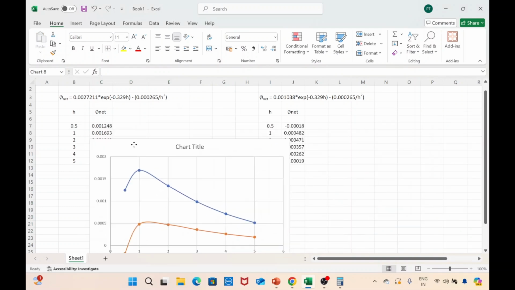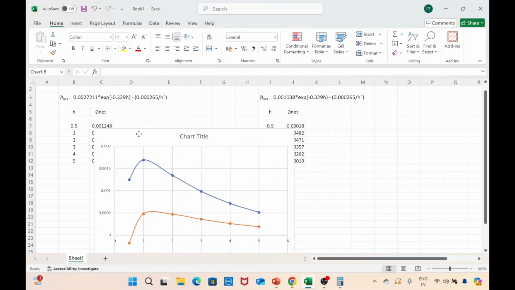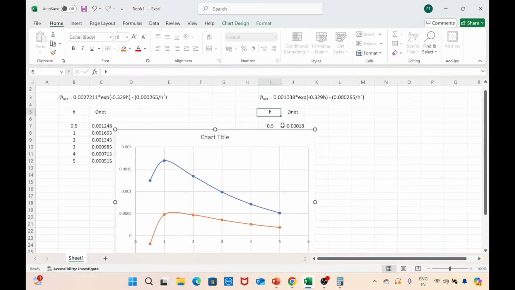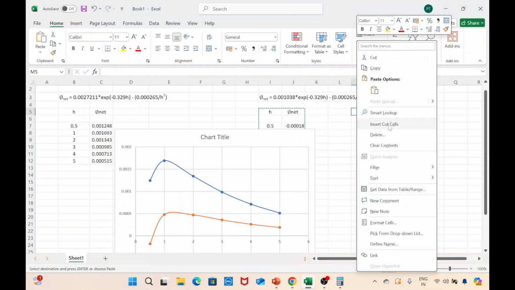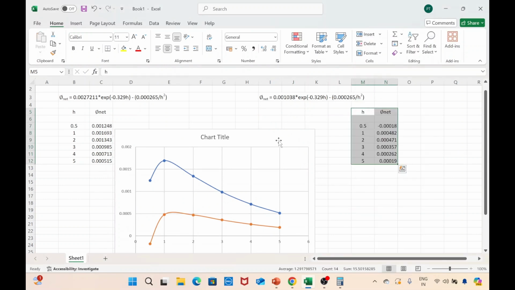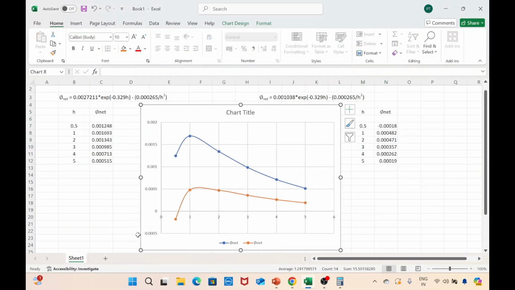If you see, the x-axis is your h, that is the separation distance, and psi net is going to be your y-axis.